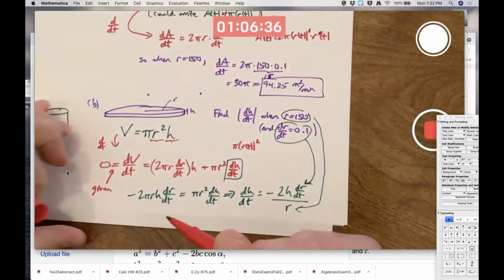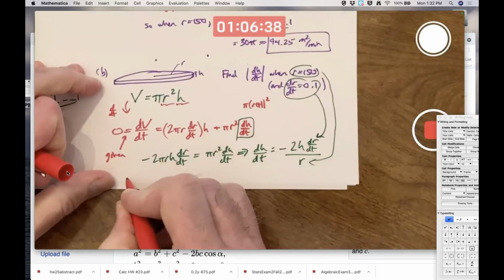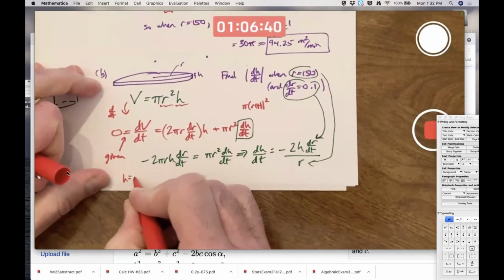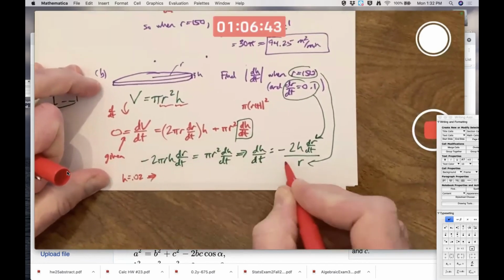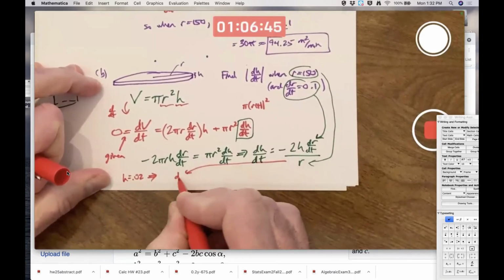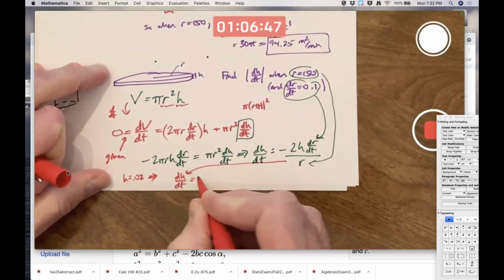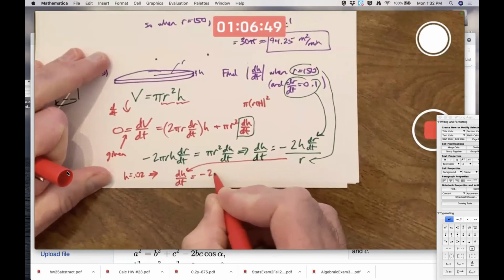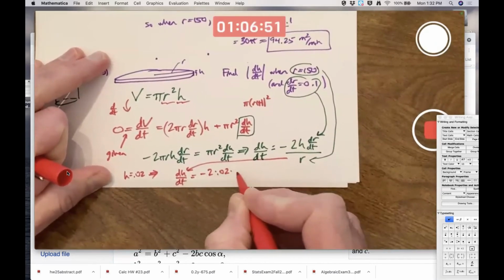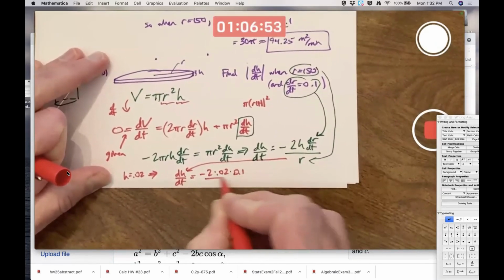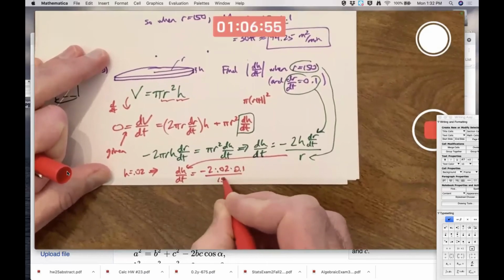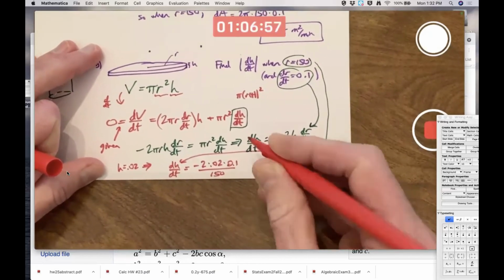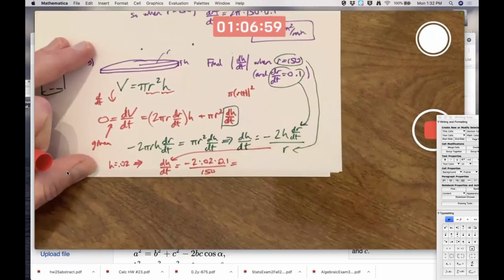So using h equals 0.02 and all these other things, I'm going to get dh/dt is negative 2 times 0.02 times 0.1, all divided by 150. It's going to be a number very close to 0.